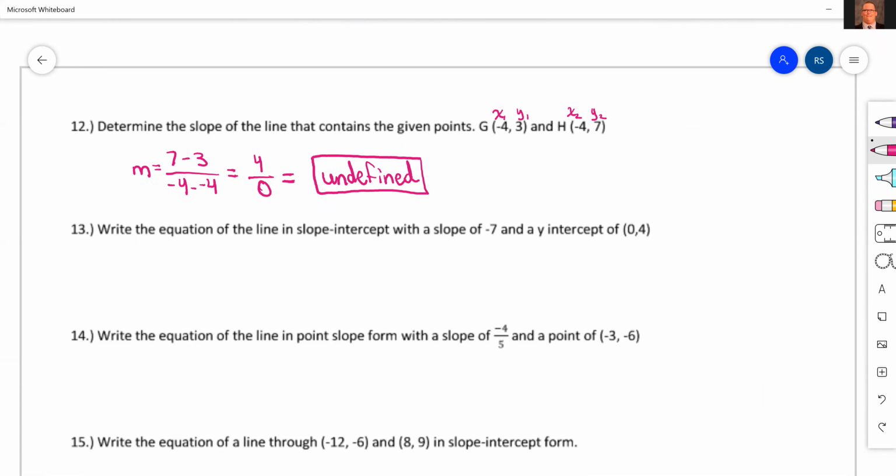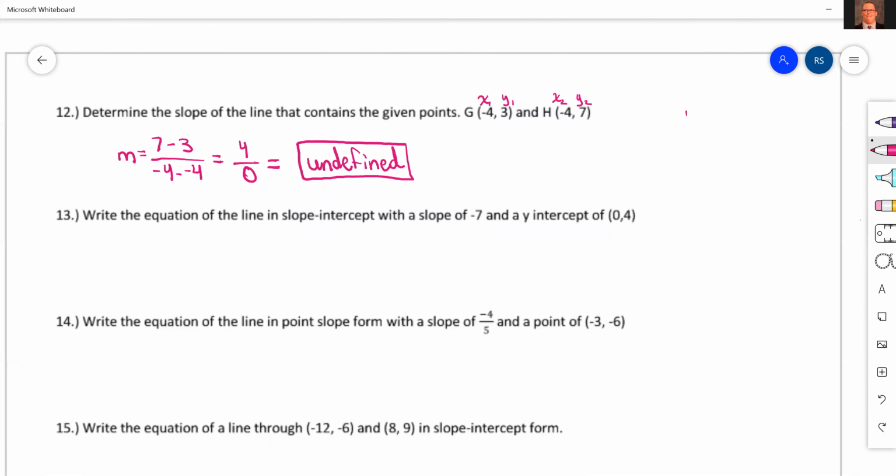If you can't remember the word undefined, just think of slope man. So the U here is our vertical line.